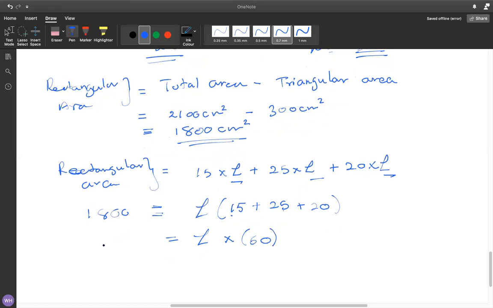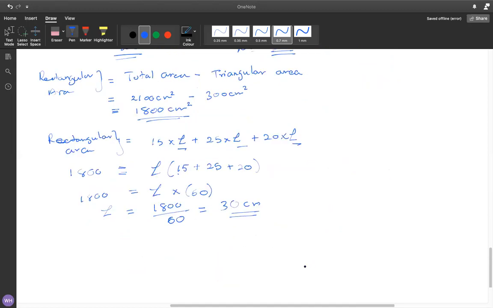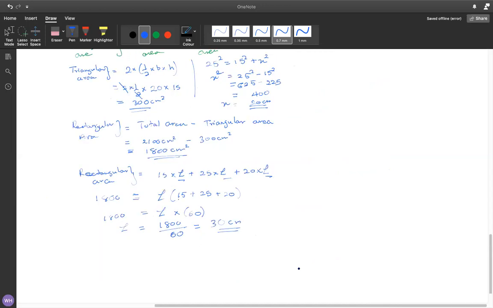So L times 60 is equal to 1800. The length L is 1800 divided by 60, the zeros cancel, and it is 30 centimeters. Right, guys? Have you done this question?